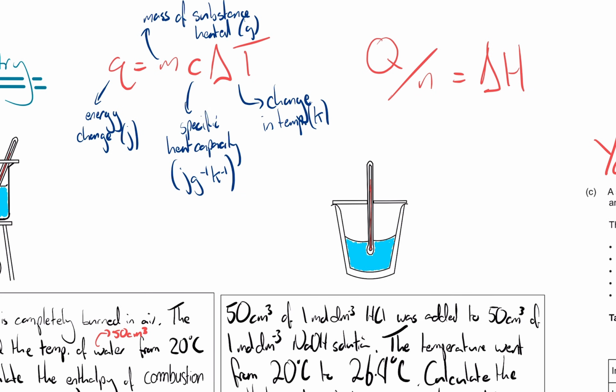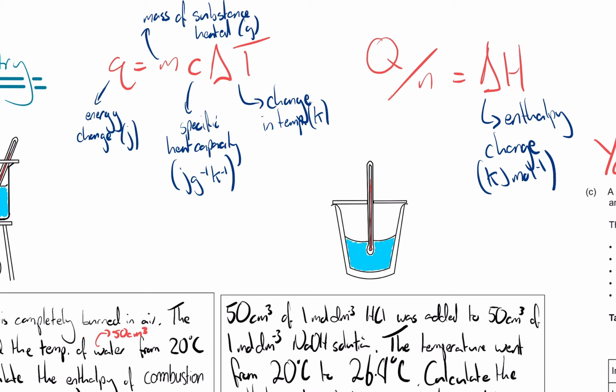Now, delta H, which is going to be the sort of thing we're trying to work out in the end, is our enthalpy, or our enthalpy change. That delta just means change. And we measure that in kilojoules per mole.